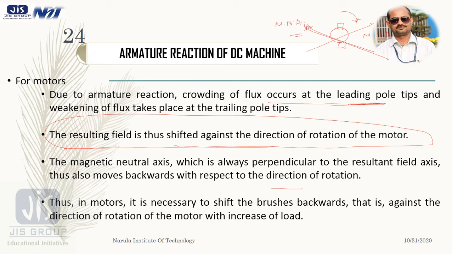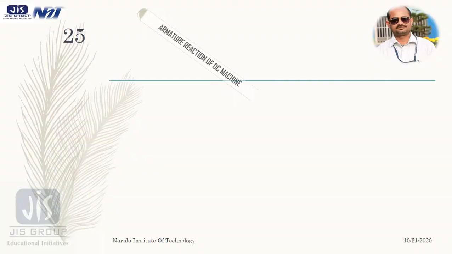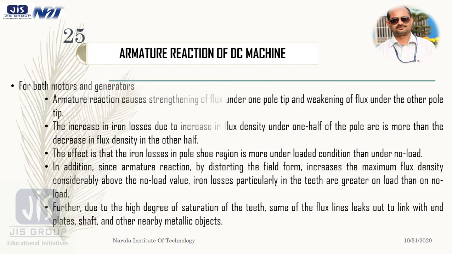Thus in a motor it is necessary to shift the brushes backward, against the direction of rotation of the motor, which again increases the load. So with the increase of load, this armature reaction effect will increase again, and this is a cumulative process.